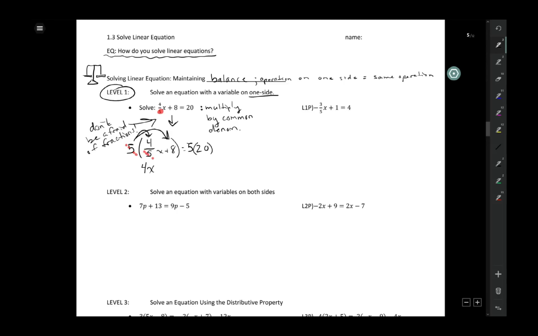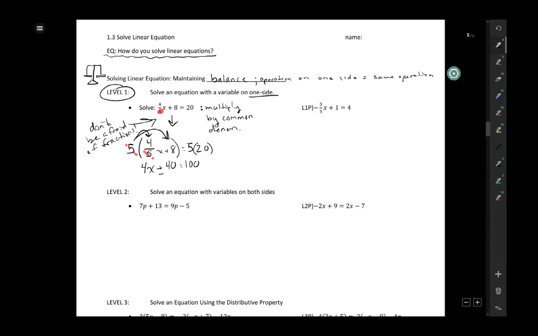Now 5 times 8, hopefully you can recall that to be 40. And 5 times 20 is 100. Fraction is gone. This should look relatively gentle now, I guess.